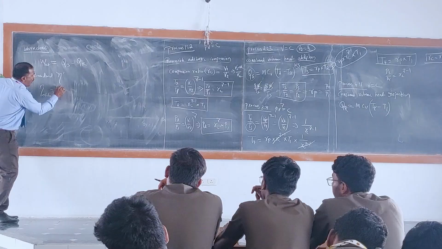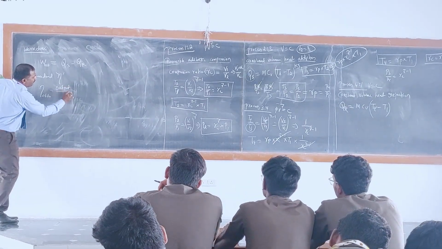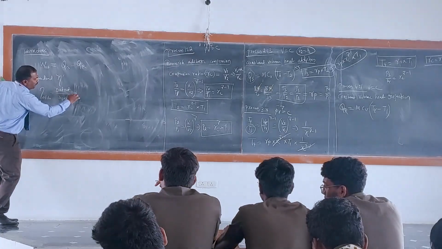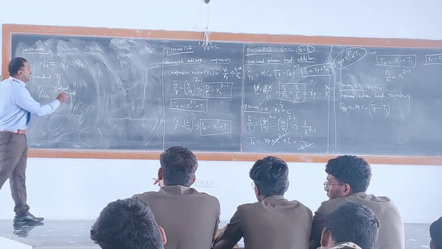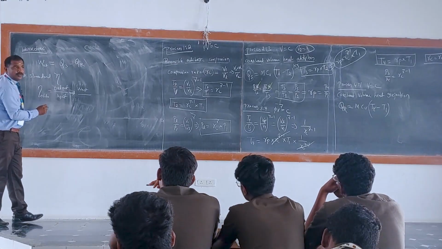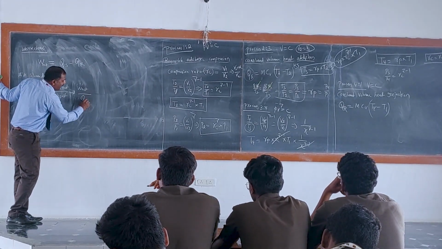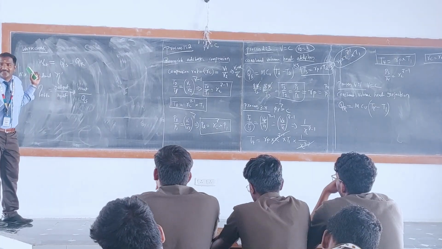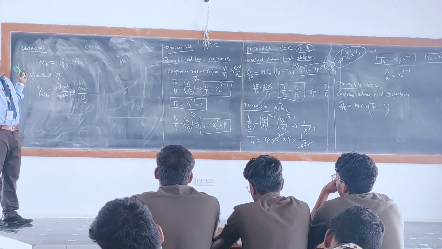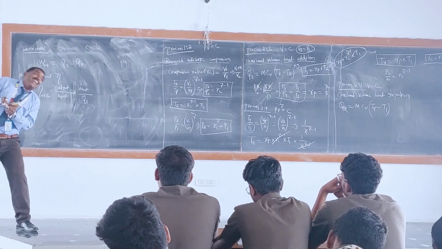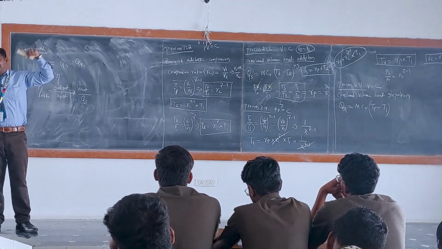Normal efficiency, or any name, all are the same. So the efficiency of the Otto cycle is output divided by input. What is the output? W net is our output. What is the input? Heat supplied, not QR. QS is the heat supplied to the system, and QR is the heat rejected by the system.